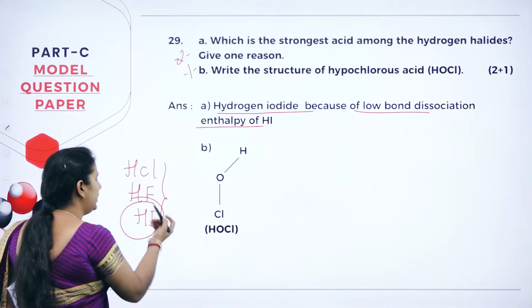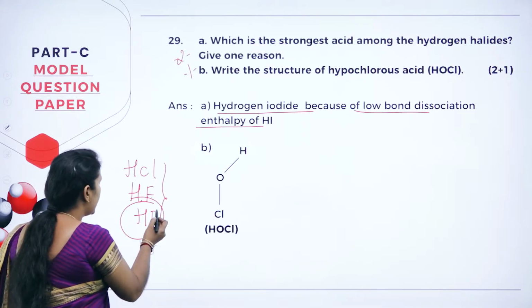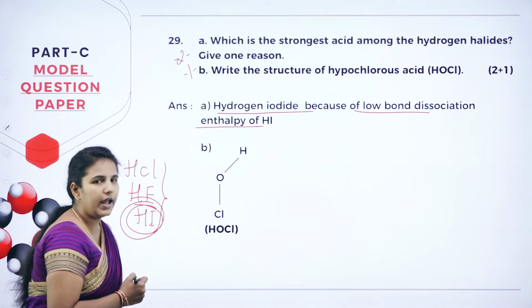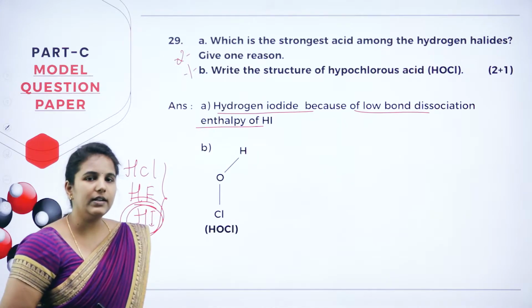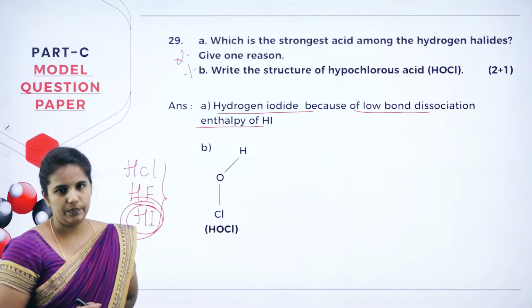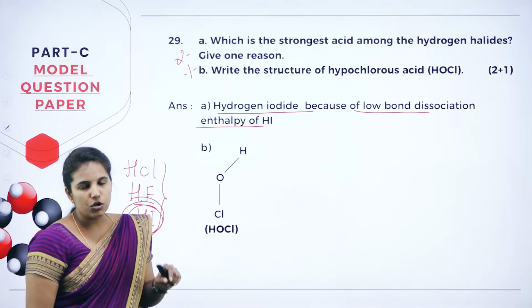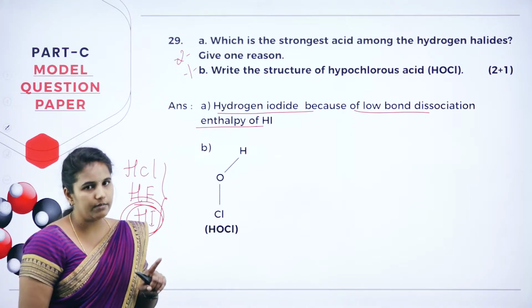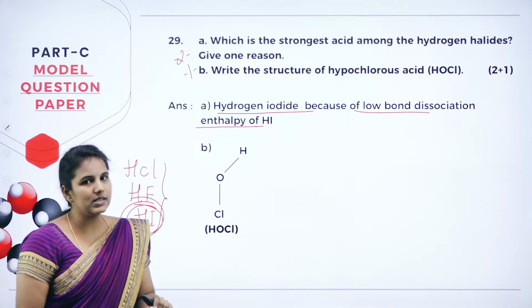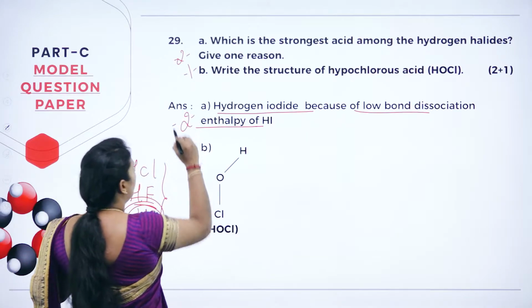So just write all the 3 hydrogen halides, then you will understand that hydrogen iodide is the one which has the lowest bond dissociation enthalpy. So if you write this, by identifying the strongest acid you will get 1 mark, and for writing the reason you will get 1 mark, and in total it carries 2 marks.